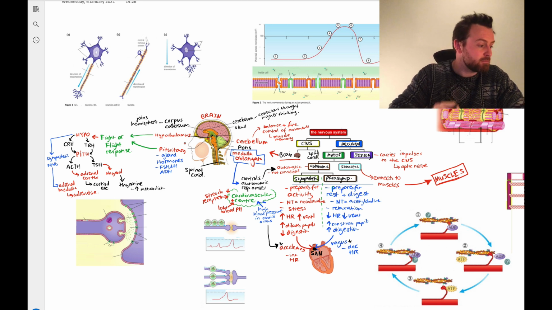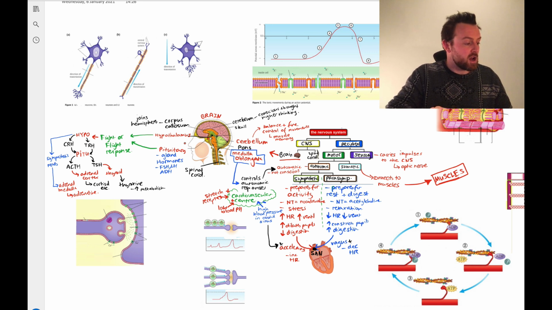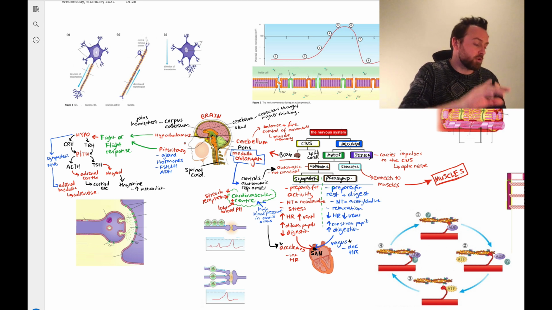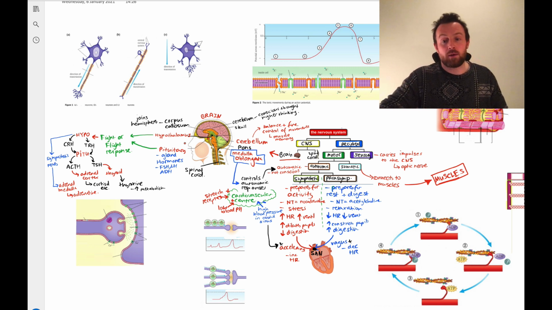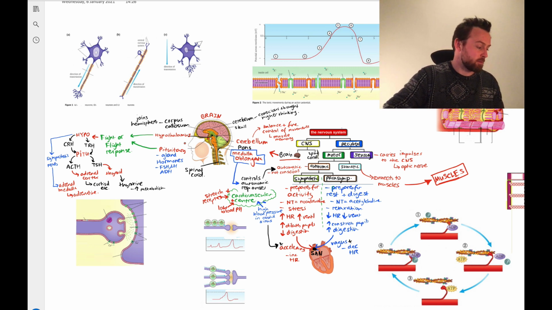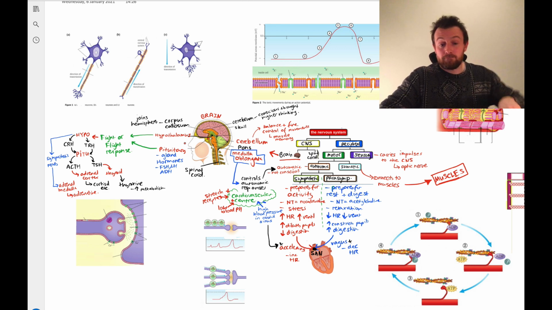So actually we started mainly with module sort of 5.5, which is animal and plant responses, but we've done all the control of animal stuff there. We're going to get on to muscles later on. But now I want to actually go back to neuronal communication for a minute, okay?